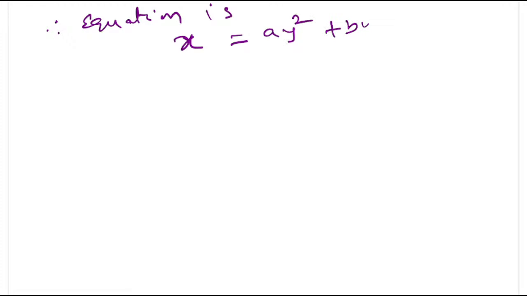So therefore the equation of parabola is parallel to x axis. Since it passes through, they gave some numbers.